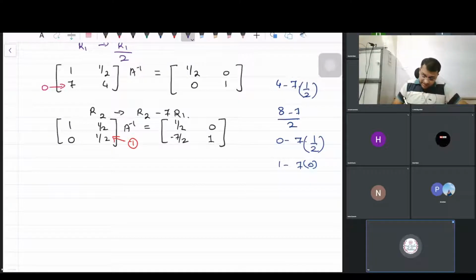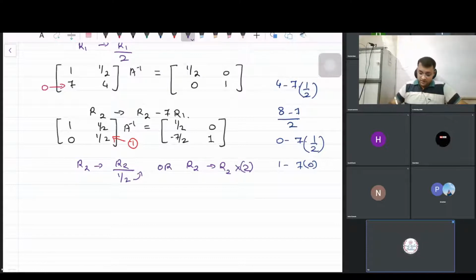So either you can write it like this, R2 changes to R2 upon half, or if you want, you can also write it as R2 changes to R2 multiplied by 2, because this becomes reciprocal and gets multiplied like this. So it's your choice whether you write it in the first way or in the second way. We can write it or accept it in both the ways.